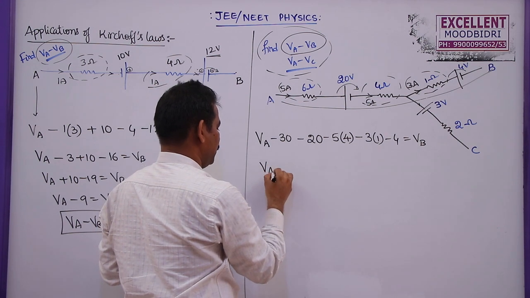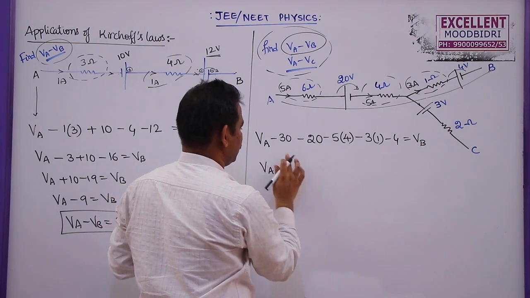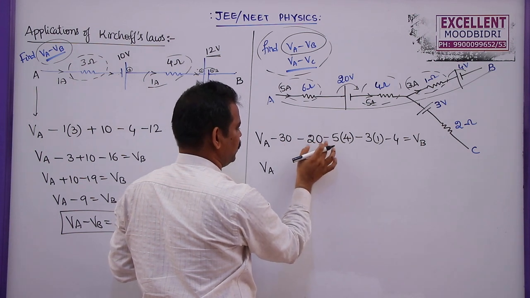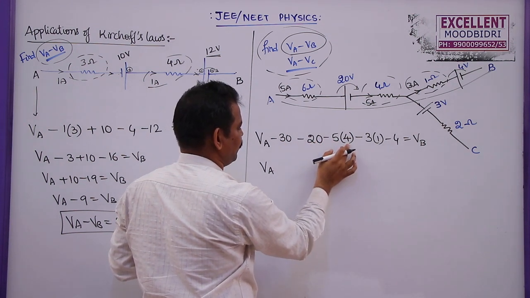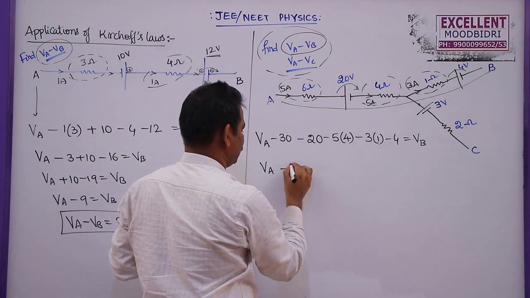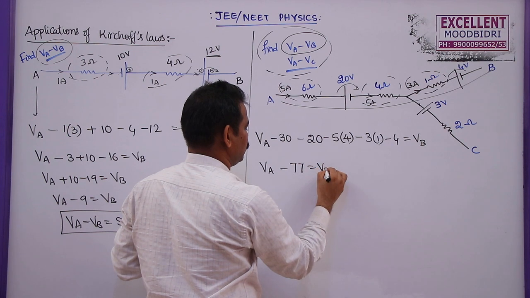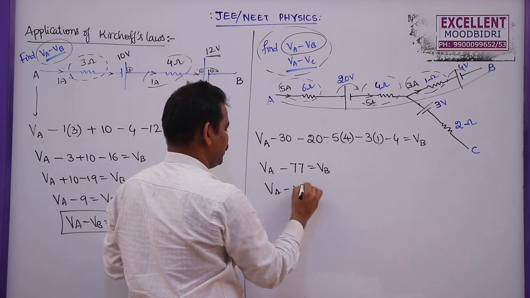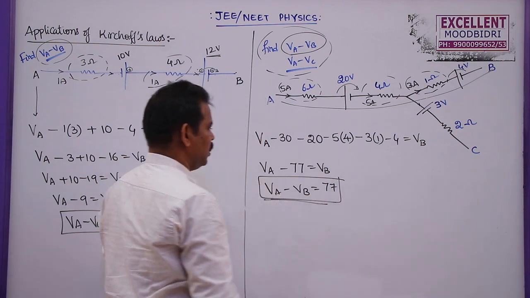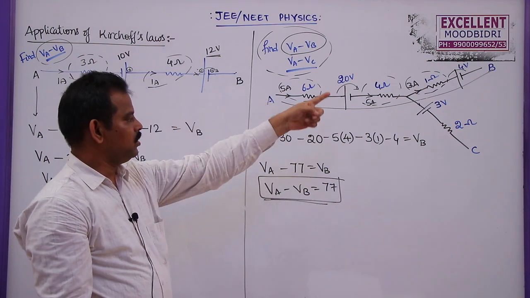So this is VA, all are negative values here, minus 30, minus 20, minus 50, another minus 20, minus 70, minus 73, minus 77. So VA minus VB is equal to 77. So this is the potential difference between point A and B.